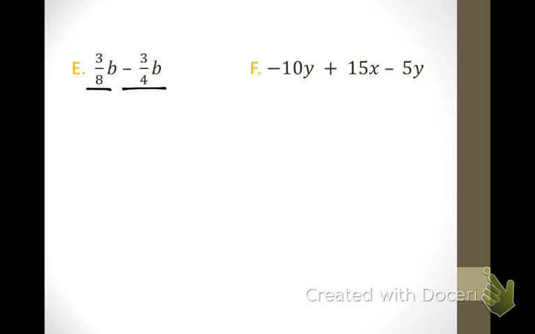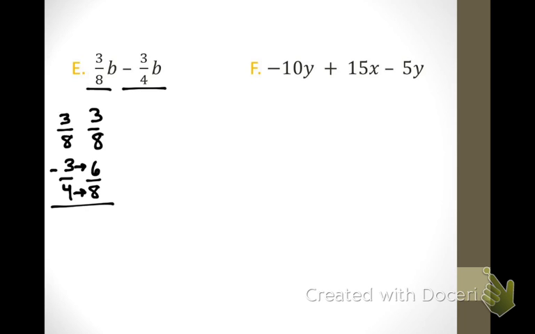Now, we're just going to do this like normal. 3/8 minus 3/4. Do I need a common denominator? Yes. What is it? 8. Okay, so this is going to stay the same, 3/8. How do I get from a 4 to an 8? Multiply by 2, which means this has to multiply by 2. 6.